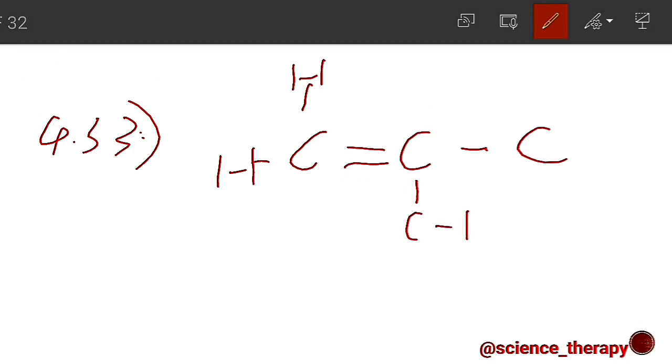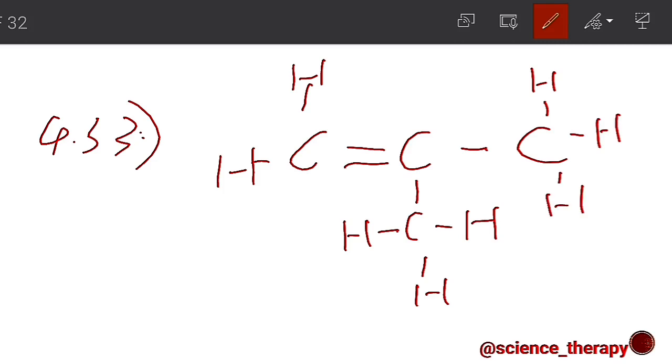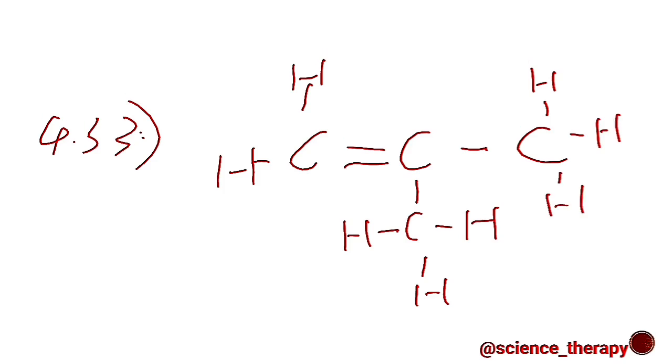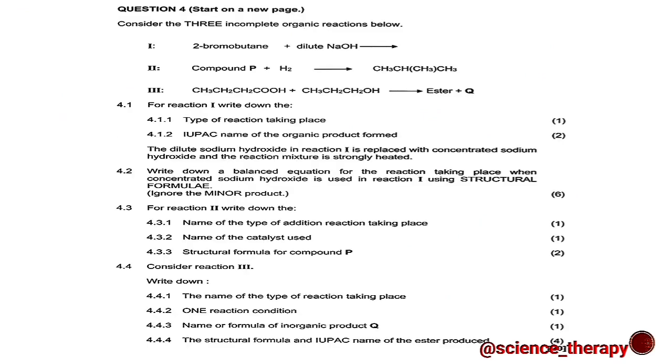We have our branch and carbon number 2. And that is compound P. Now 4.4 says consider reaction 3. Write down 4.4.1, the name of the type of reaction taking place.